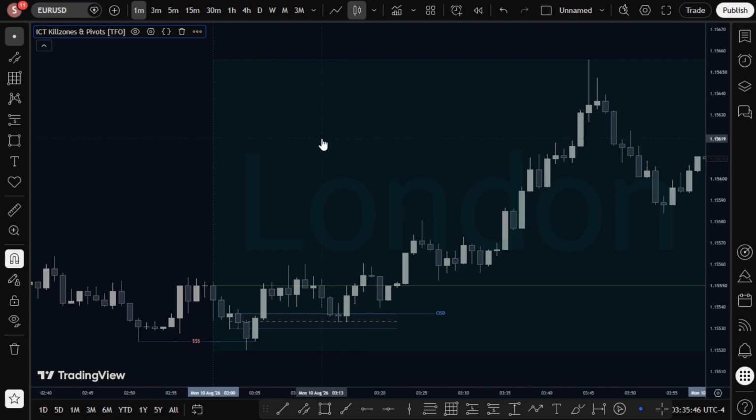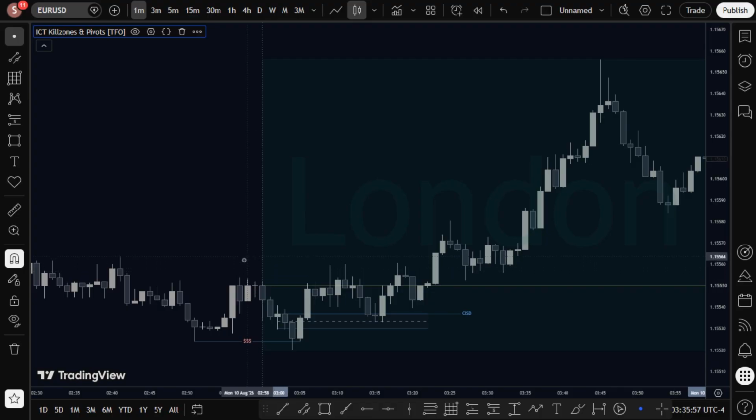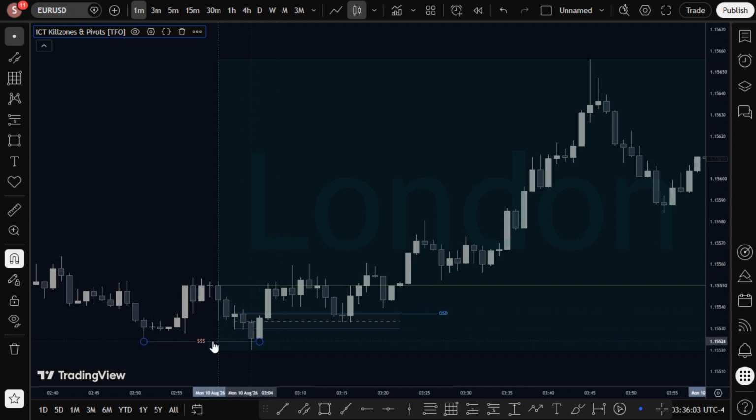Now, remember we said that for a unicorn model to be confirmed, there must be a fair value gap. As you can see, there's a fair value gap. Okay. And our entry will be what? Our breaker. Now we have condition 1, sweep of liquidity, order block, which is our change in state of delivery. 2, breaker. 3, fair value gap.